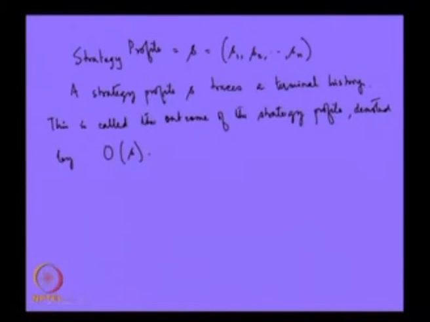So, O is what is known as the outcome, or we can also call this the outcome function. The outcome function is defined over the strategy profile small s.